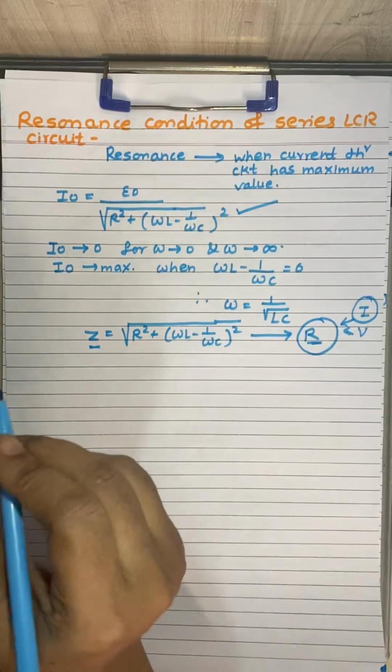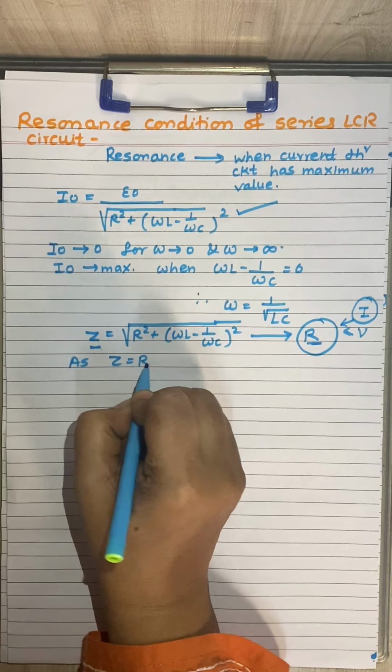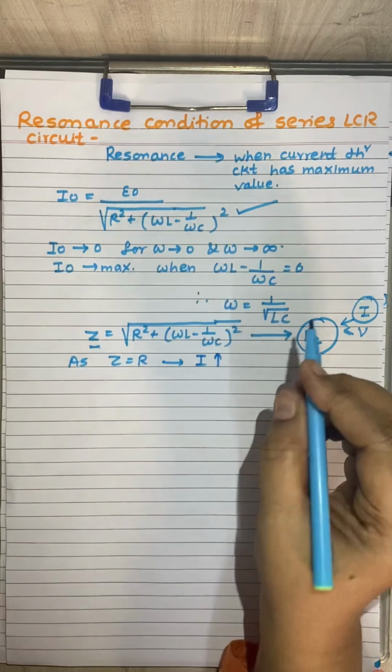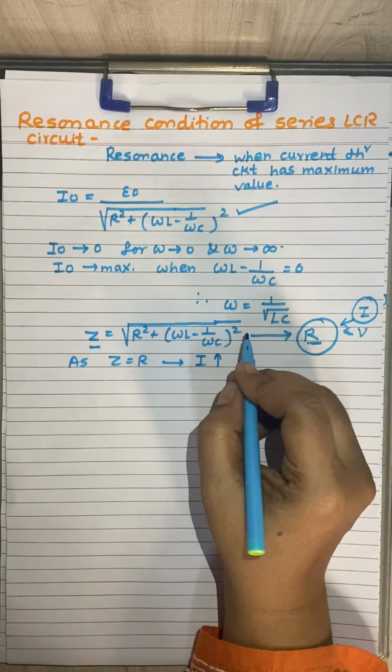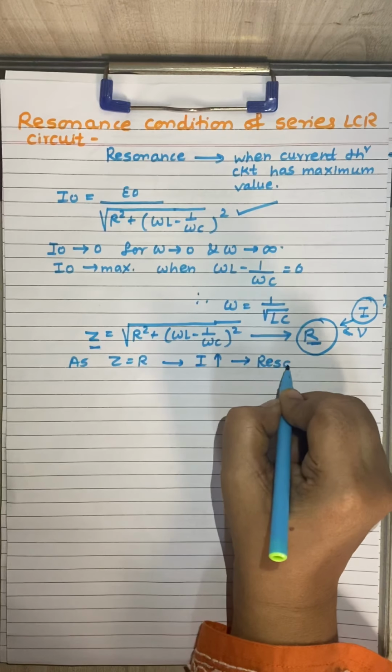As Z is equal to R, the current is maximum, and this condition is called the resonance condition.